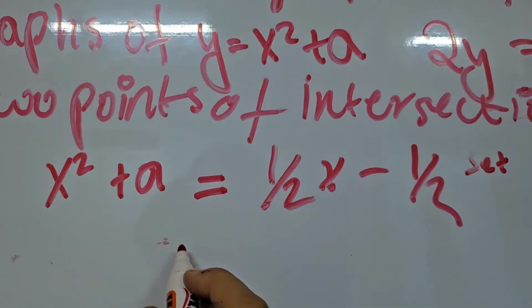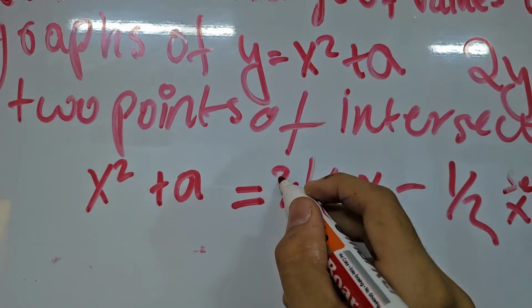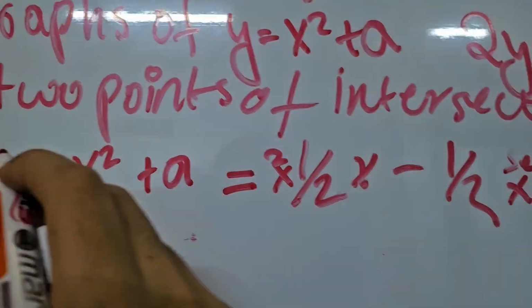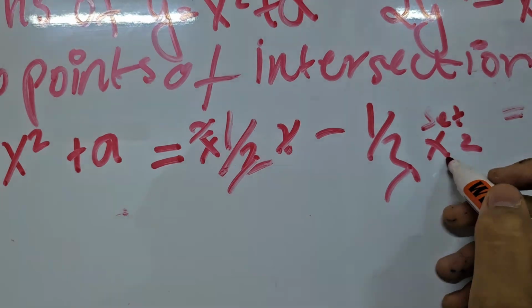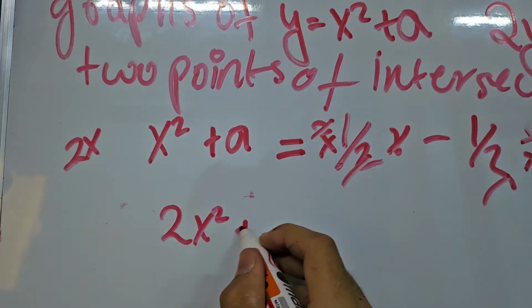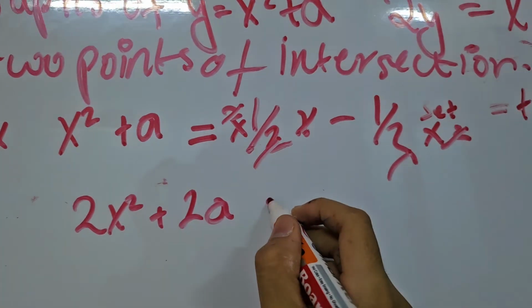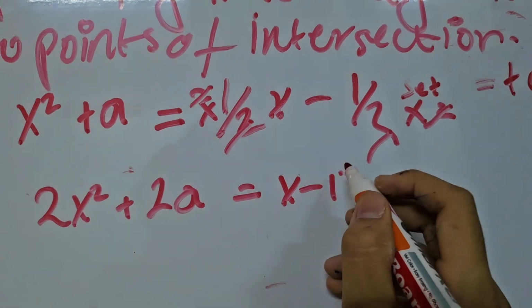I hate fractions, so let's just get rid of them by multiplying by 2. So what we are going to get is 2x squared plus 2a is equal to x minus 1.